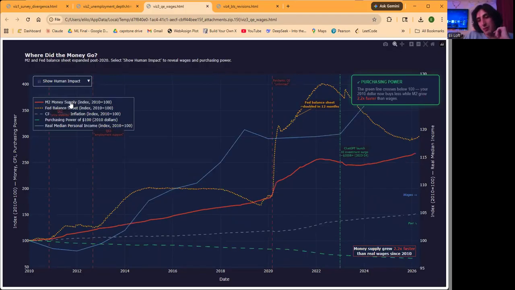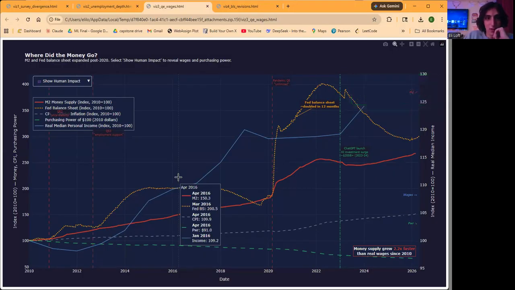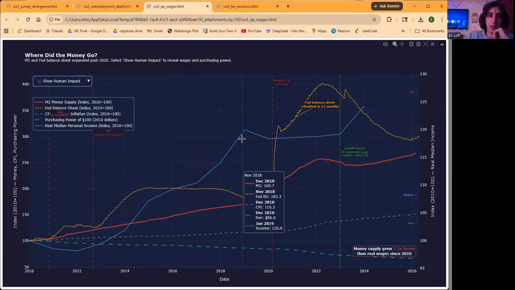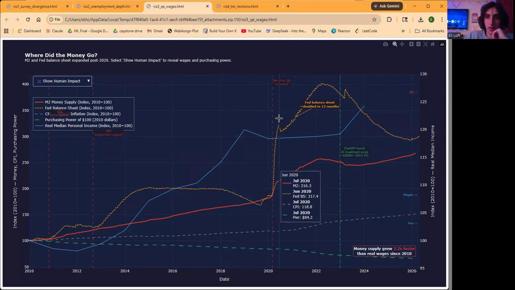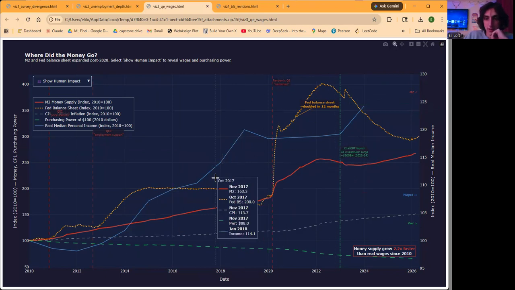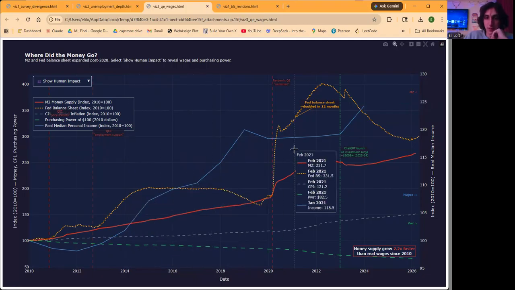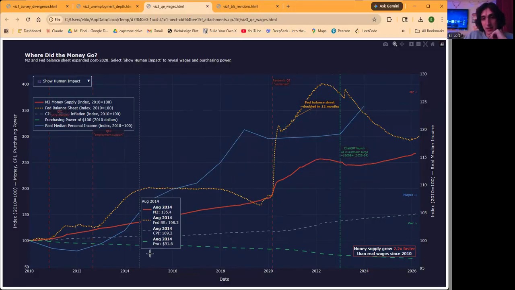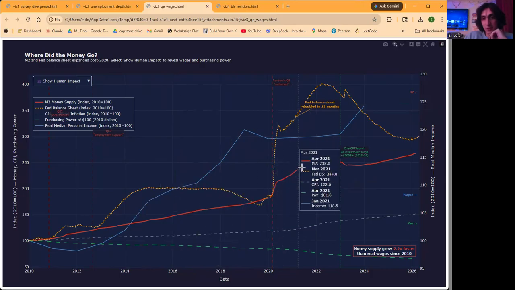There's a lot, but this is the human impact, right? So we have the median personal income. This rises slightly, and it's a continuous trend, but it doesn't rise at near the same rate that we see everything else approach.